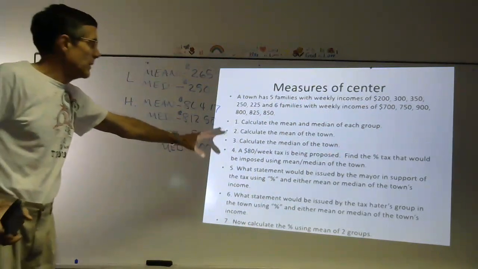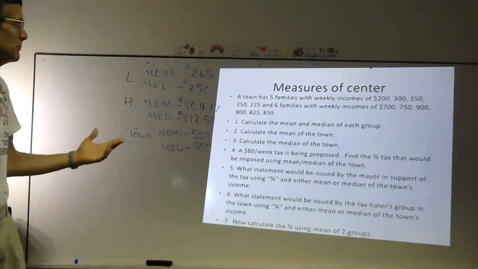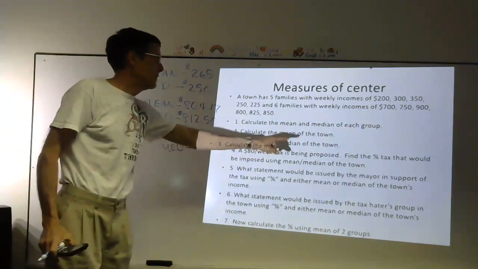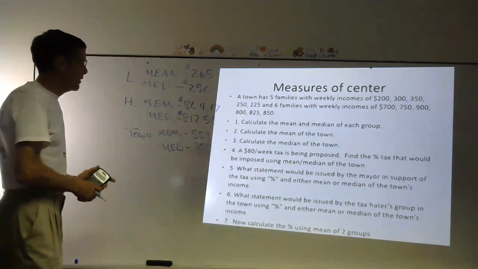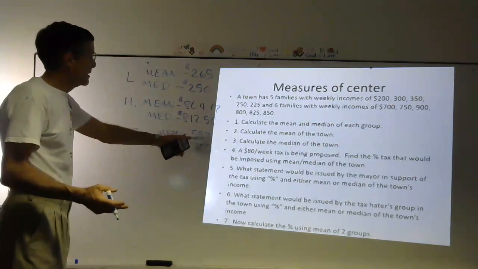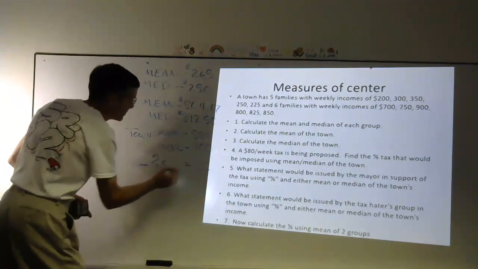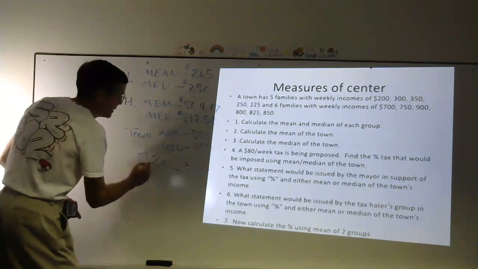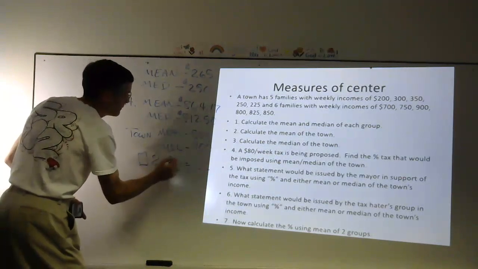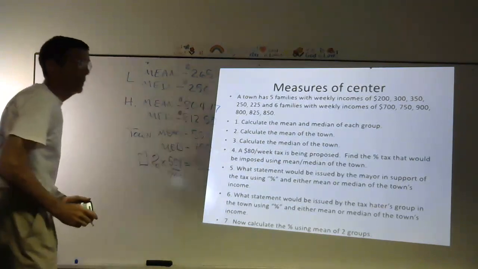Supposing an $80 per week tax is being proposed. Find the percentage tax that would be imposed using the mean or median of the town. Okay? So what percentage of the mean income, remember doing this with percent problems, what percentage of the mean, 559, is 80, and then what percentage of the 700?